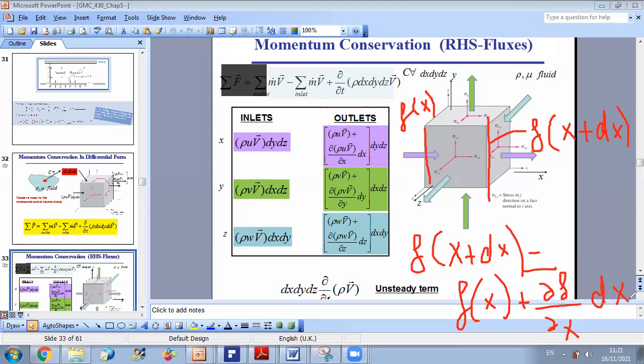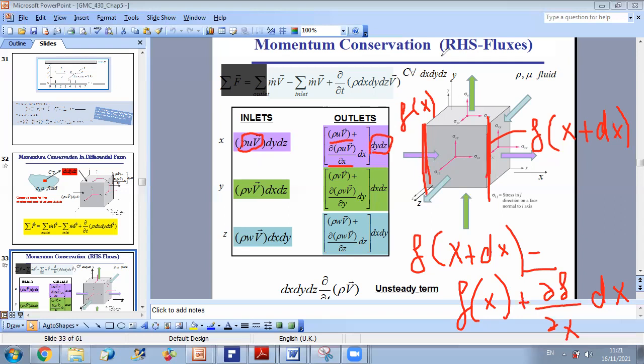And we will apply this now for which function? For function rho uv. So if we have function rho uv at this face, which is at a certain section x, and we want to determine at x plus dx what will be the value of rho uv, you can simply say that at this face you will have rho uv plus del rho uv by del x dx times dy dz. This means that we account that rho uv might vary from this face to this one.